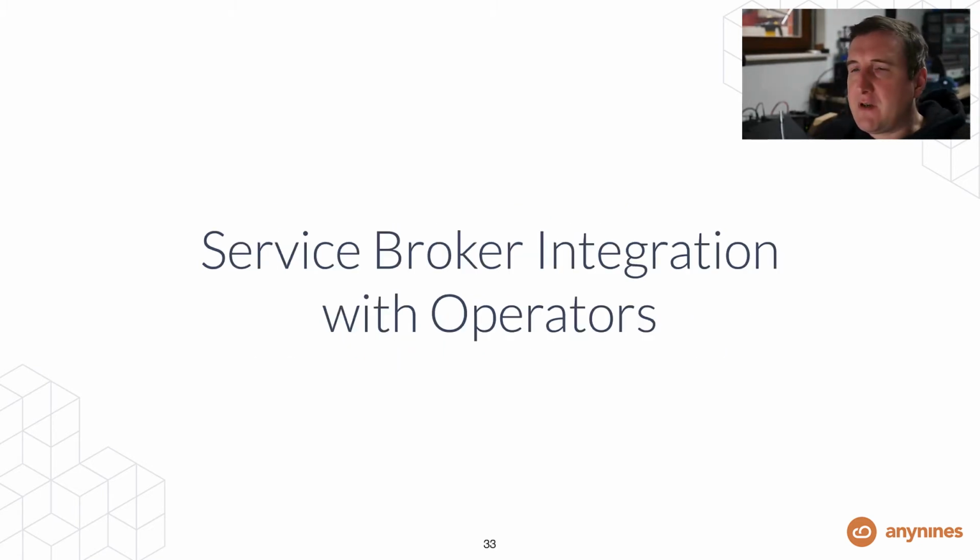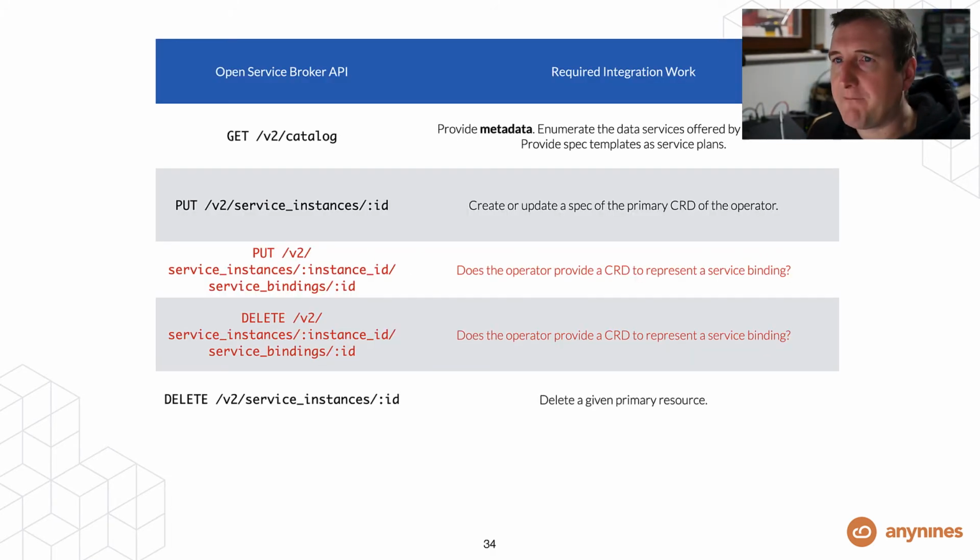So in order to get an exemplary draft, the service broker integration with operators needs to be put into some kind of architecture. So the first step for this would be to look at the Open Service Broker API and think about the required integration work.